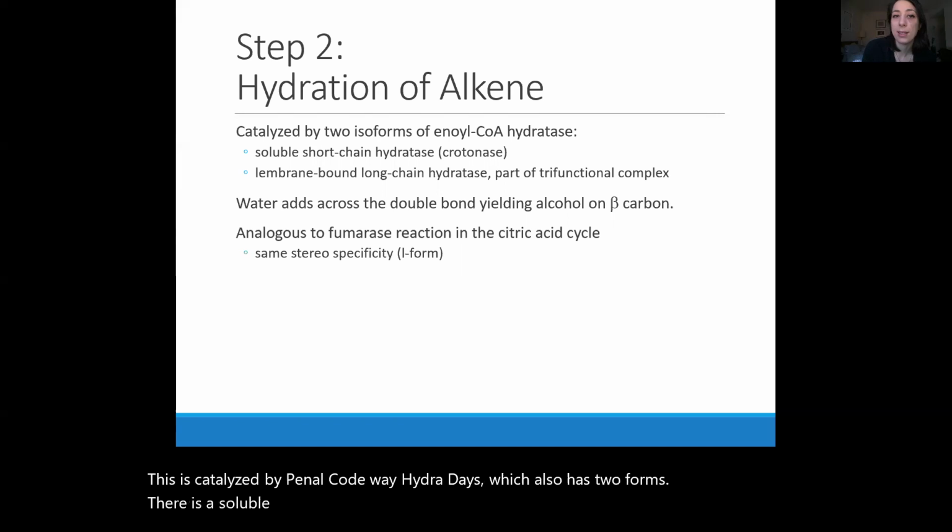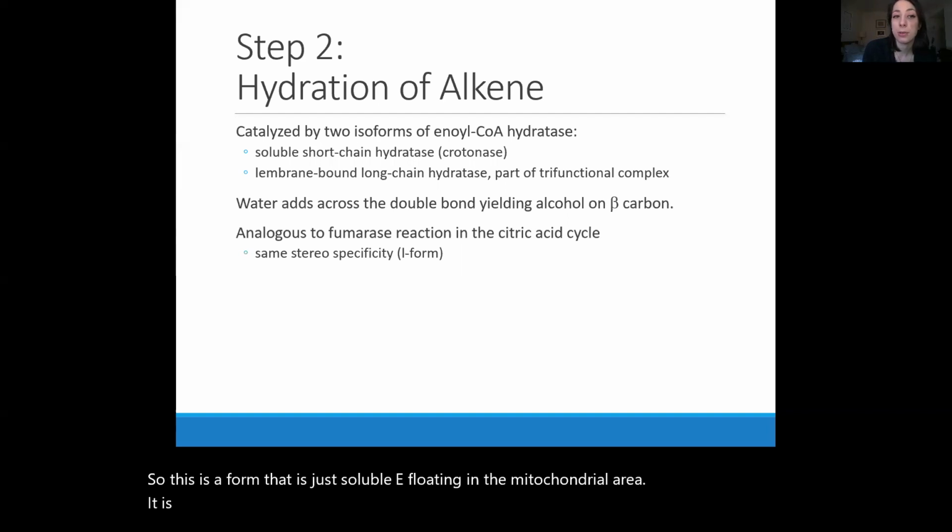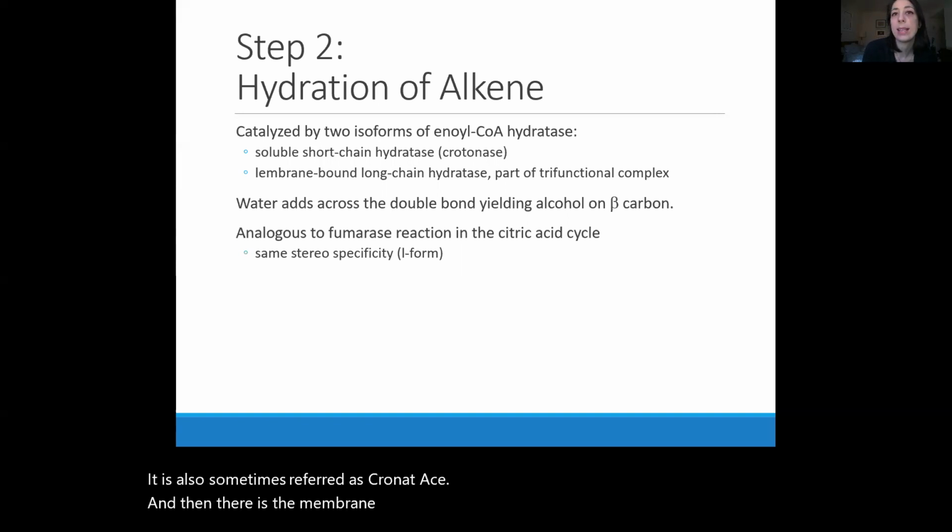This is a form that is not bound to that complex protein for beta oxidation. So this is a form that is just solubly floating in the mitochondrial matrix. It is also sometimes referred to as crotonase. And then there is the membrane-bound one, the one that is part of this complex that is utilized for long chain.